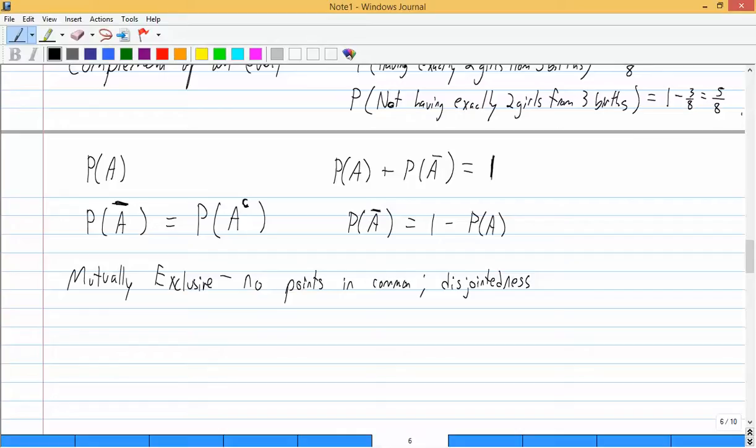Alright, so if 2 events are disjoint, then you could list all the possible outcomes in two different sets, and they would not overlap.